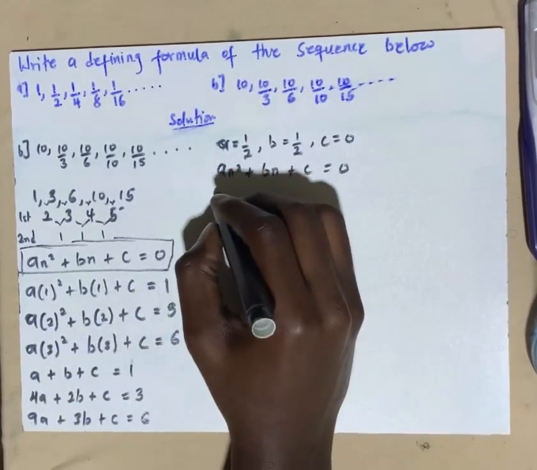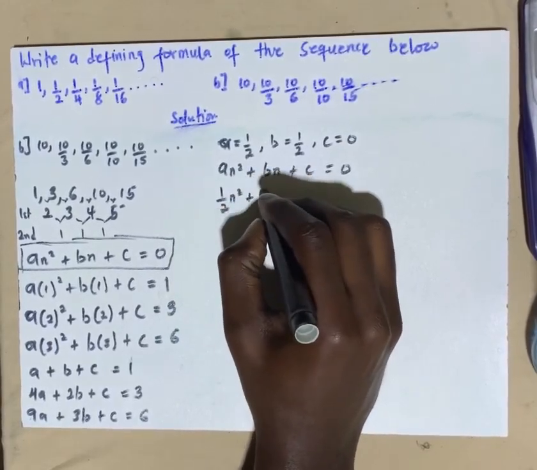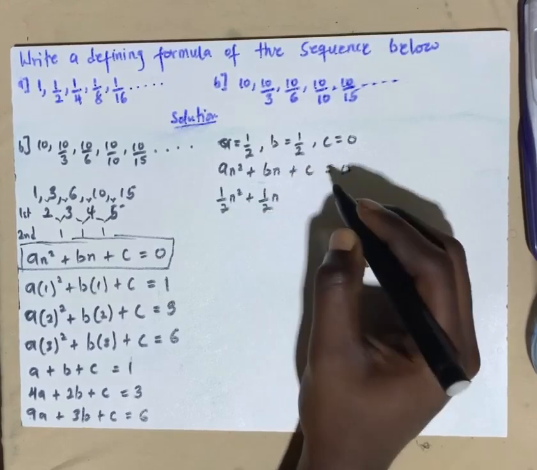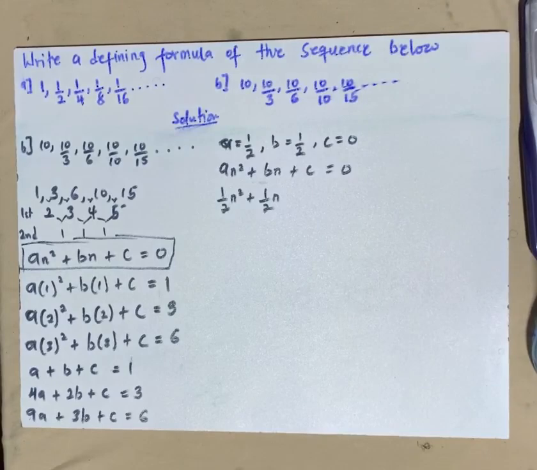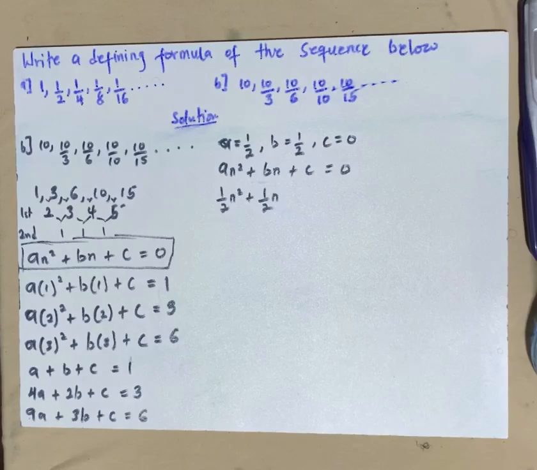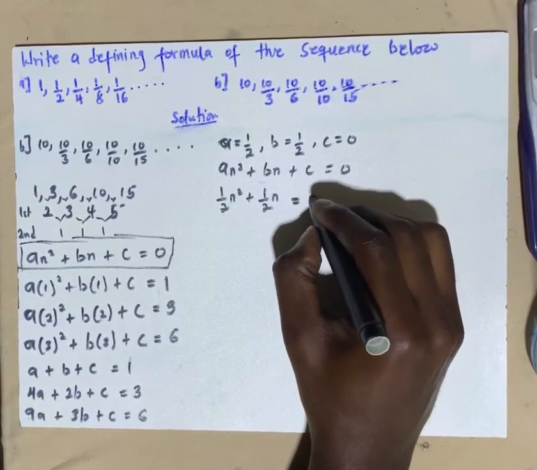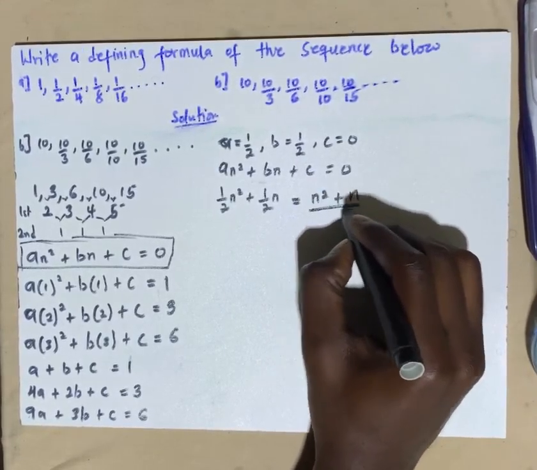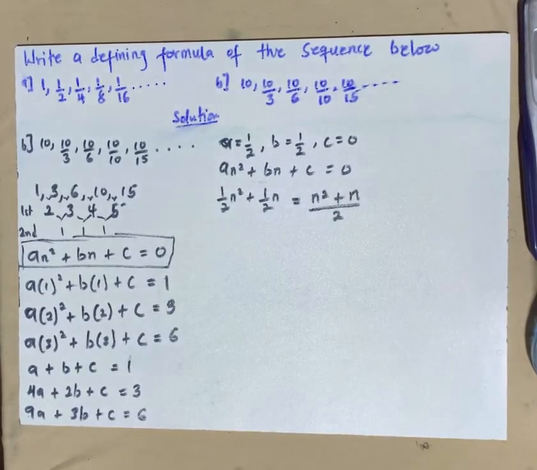Now, you know that A is half, so half n squared plus B, also half n, plus C, which is 0. From here, you can easily simplify. Now over here, you are going to get n squared plus n all over 2.